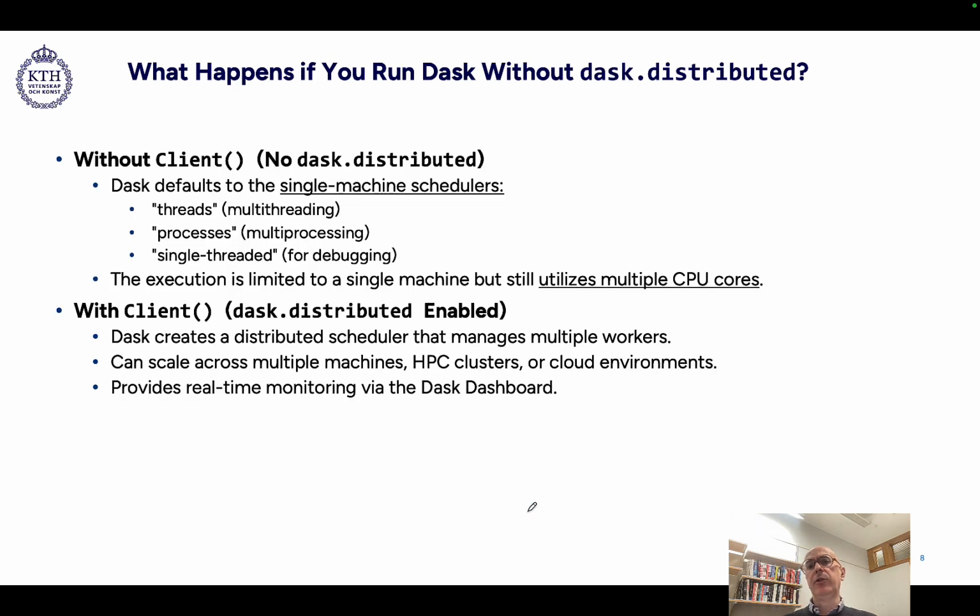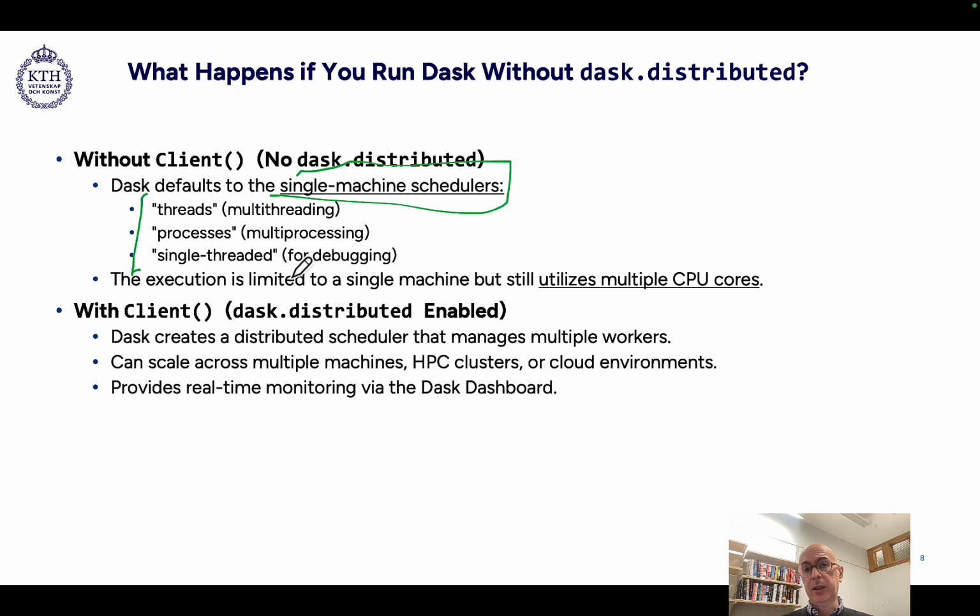An obvious question that you might have, since basically we added 3 lines of code to our dask delay code, is what happens if we run dask without dask distributed? Well, by default, we use a single machine scheduler. There are different backends. We can choose threads, processes, or single threaded.